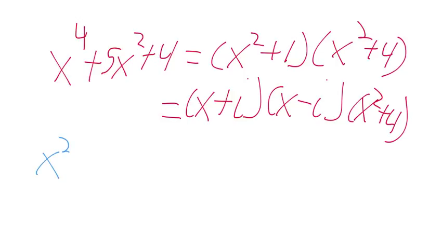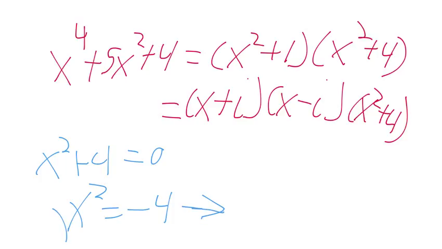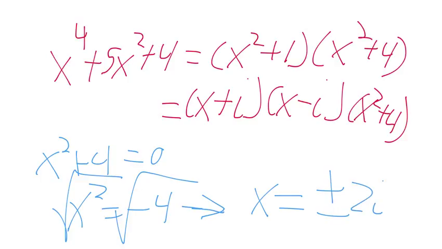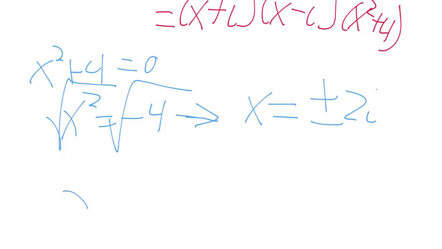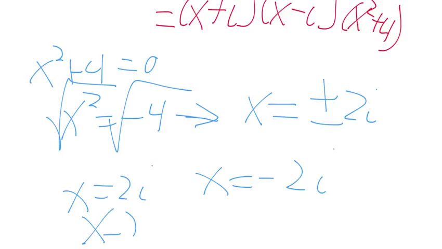So if we want to find the zeros, x squared plus 4 equals 0, which means x squared is equal to negative 4, which means if you take the square root of both sides, x is equal to positive or negative 2i. That means x is equal to 2i, or x is equal to negative 2i. So as factors, that would be x minus 2i. And for x equals negative 2i, as a factor, that would be x plus 2i.